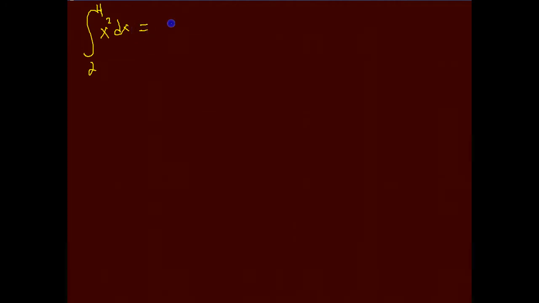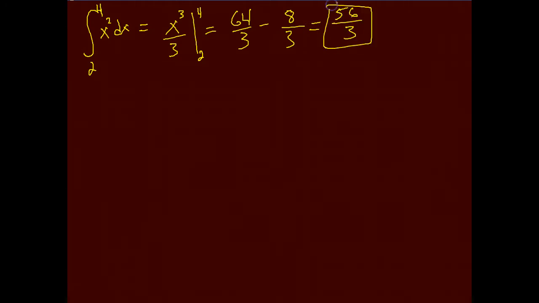This would just equal x cubed over 3 evaluated from 2 to 4, and so that would give us 4 cubed divided by 3, so that's 64 divided by 3, minus 2 cubed divided by 3, that would be 8 over 3, and so that would give us 56 thirds. Okay, so we know what the exact answer is. We know it's 56 thirds.